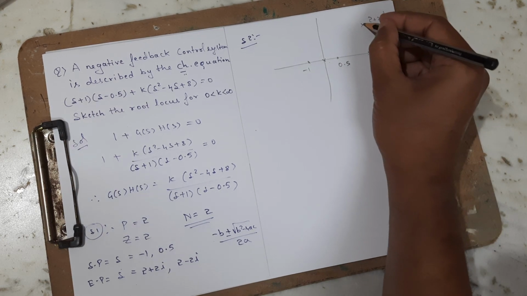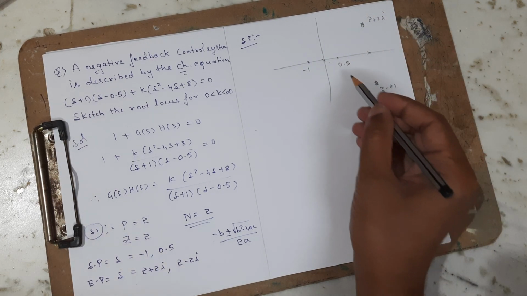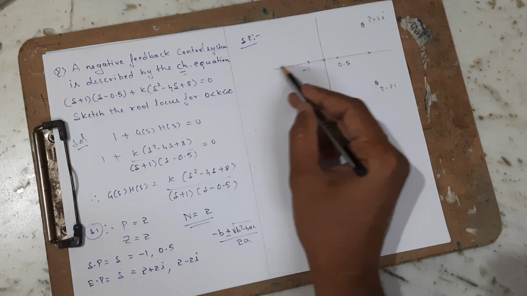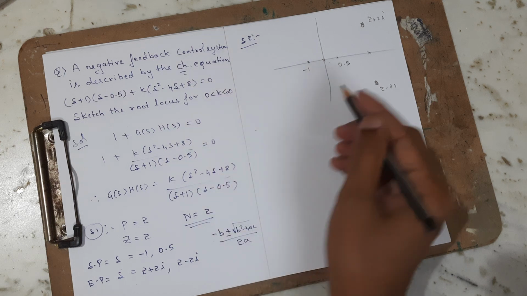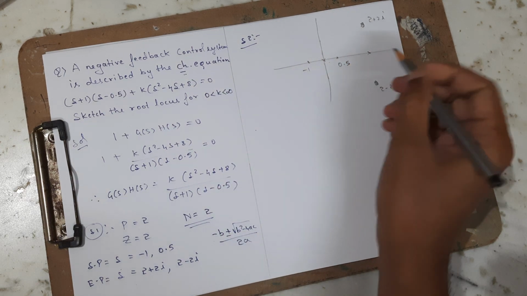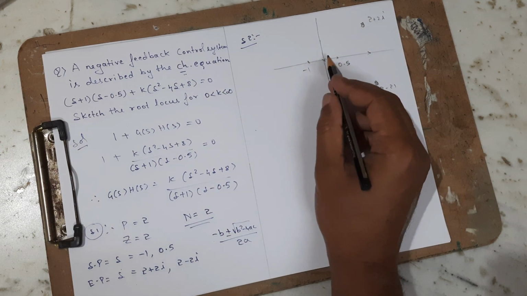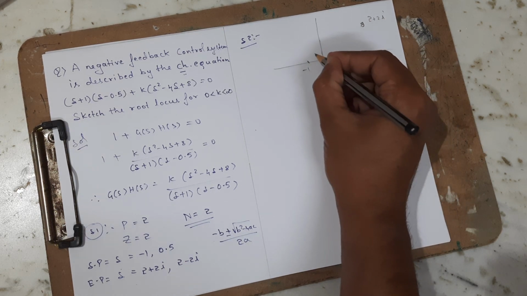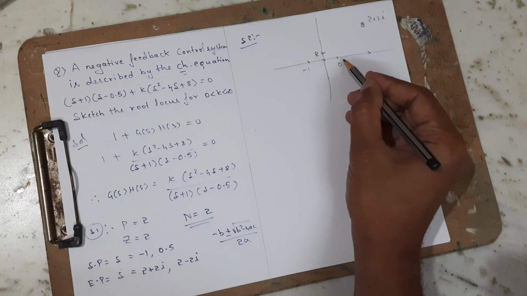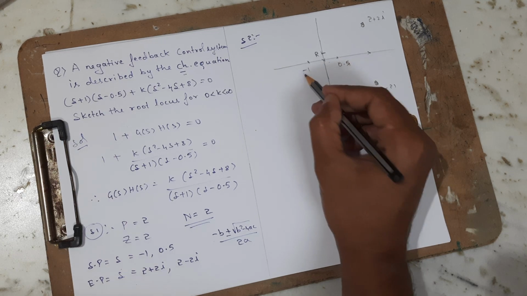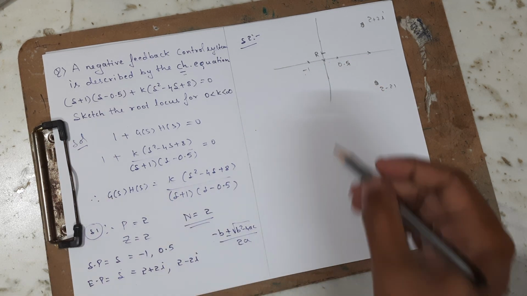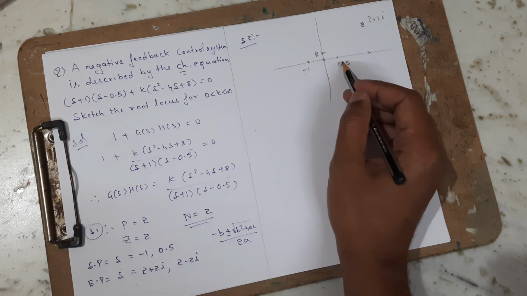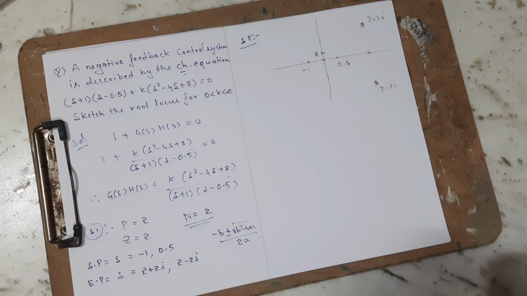So these are the zeros and these are the poles. On the real axis we have two roots. How many roots are to the right side? We have one root, therefore the root locus is possible between 0.5 and minus 1. So this is the prediction.